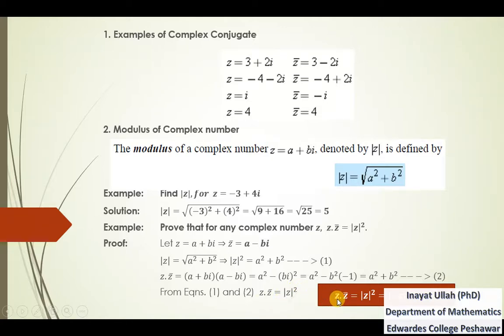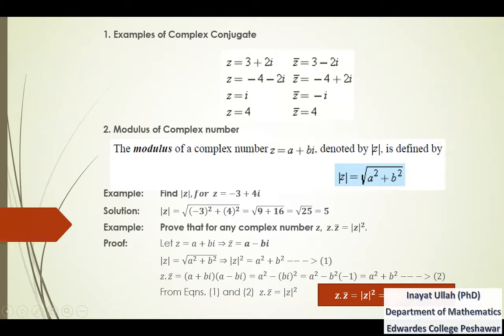You can prove that the product of any complex number with its conjugate can be equal to the modulus of minus z square, and similarly the square of the modulus of its conjugate. Z into z conjugate is equal to all these three. You can prove that, and that is your assignment, to prove that z into z conjugate is equal to the square of the modulus of minus z.